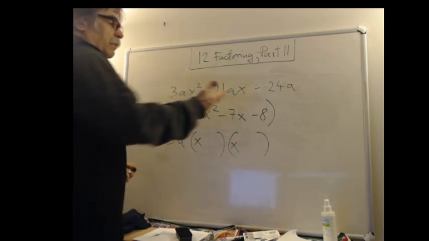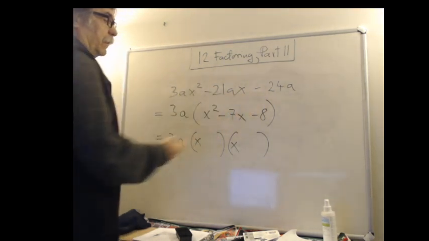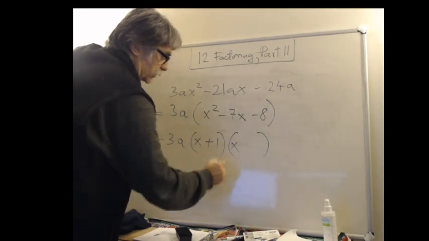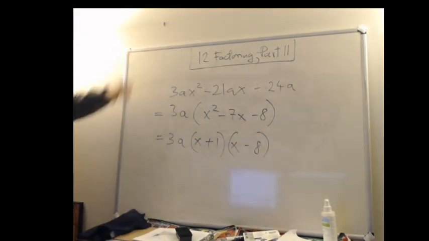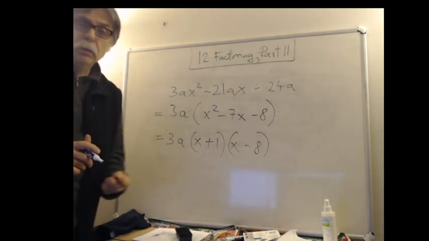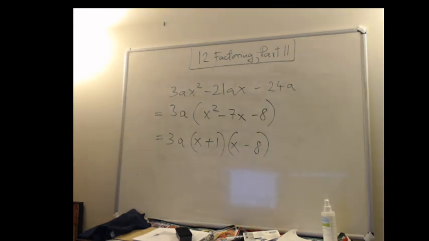Because when you multiply 1 and negative 8, you get negative 8, and when you make a sum of 1 and negative 8, you get negative 7. So this is what you're looking for. Positive 1 and negative 8. So now you have a complete factorization. Again, 1, 2, 3, 4, all primes. So you have 4 primes here.